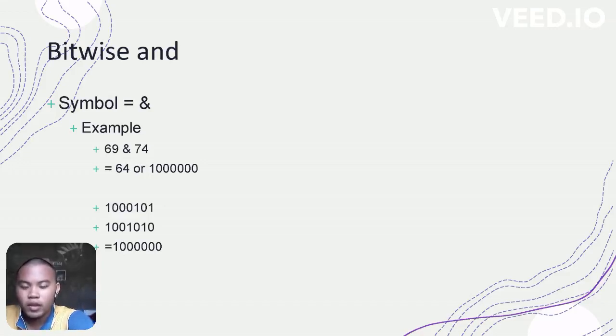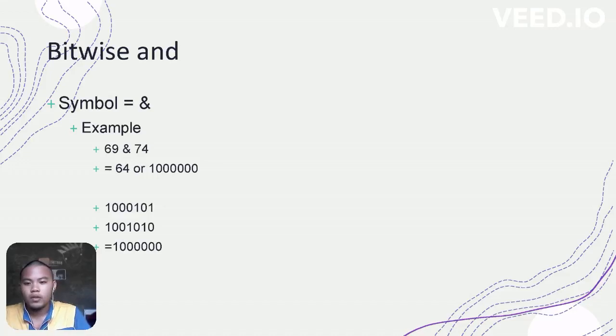So 0, and then 1 and 0 results in 0, 0 and 1 results in 0, and 1 and 0 results in 0. This is the reason why the result is 1000000, or as a number, 64.